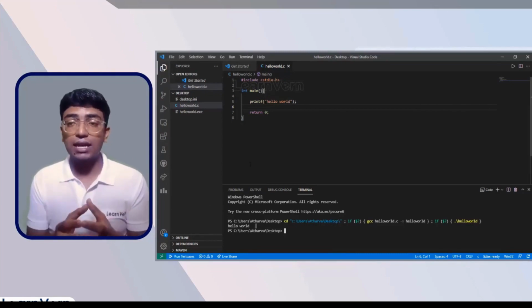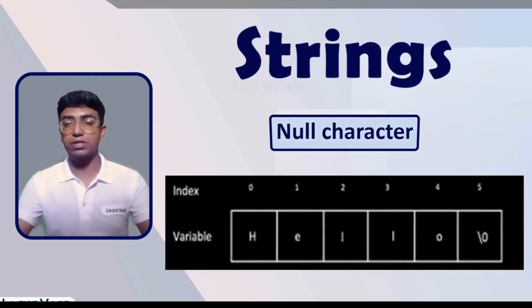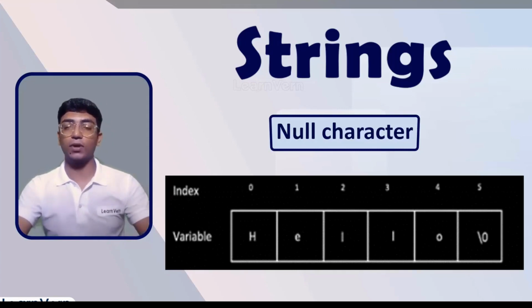They get to know this with the help of a null character. You can see it in the fifth position. One character is written by joining two characters: backslash and 0 after HELLO. With this character, we get to know the string has finished.